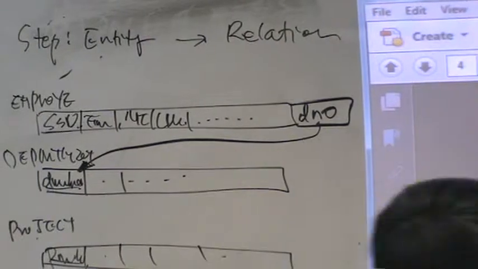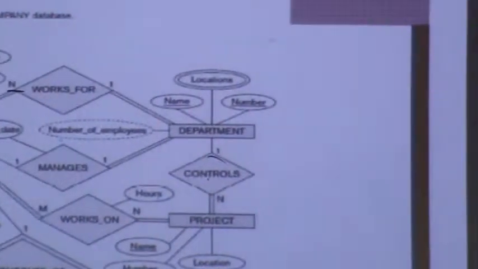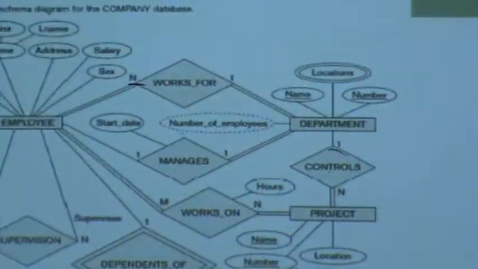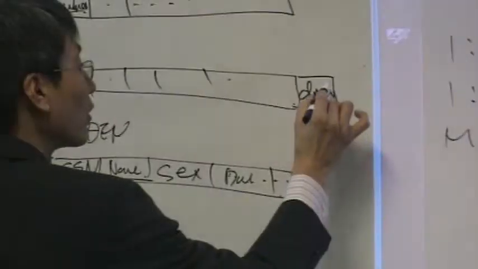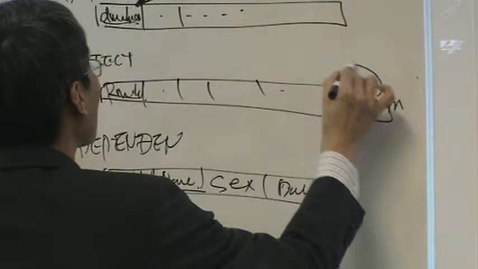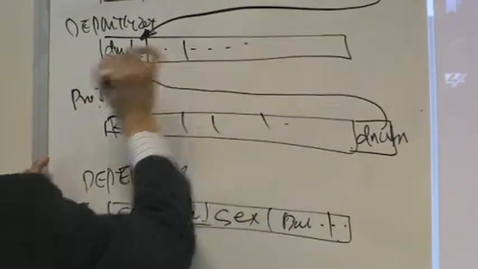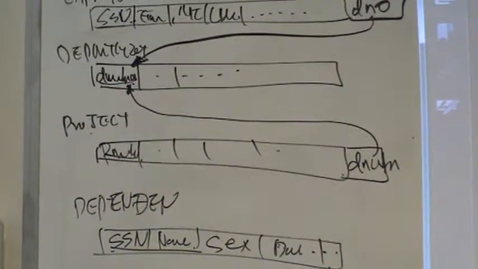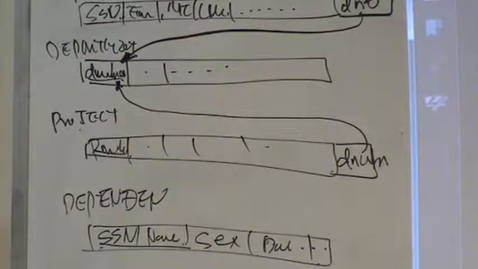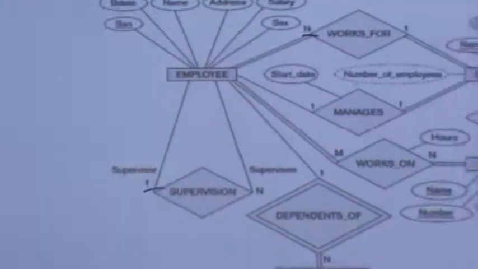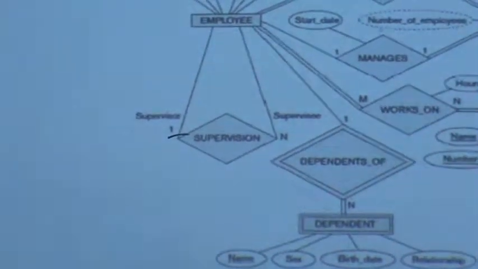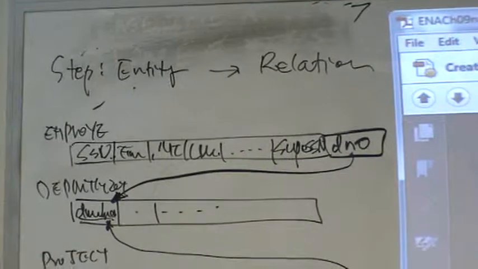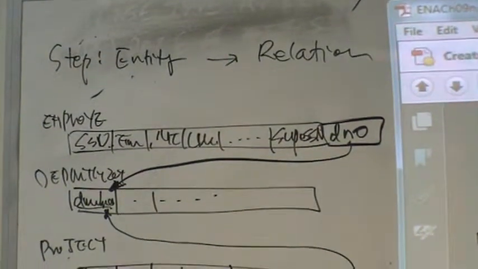What about this one? Control. Okay, project has the controlling department, D num. That should depend on this one, right? And one more, supervision relationship. So we have supervisor, SSN. This supervisor is also employee, right?